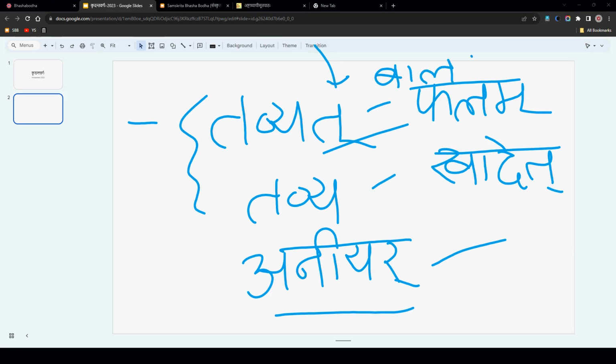What does this mean? The boy should eat the fruit. That is the kartari prayoga. Khadet is a kartari prayoga which is coming in the vidhiling lakara. So balaka phalam khadet means the boy should eat the fruit.